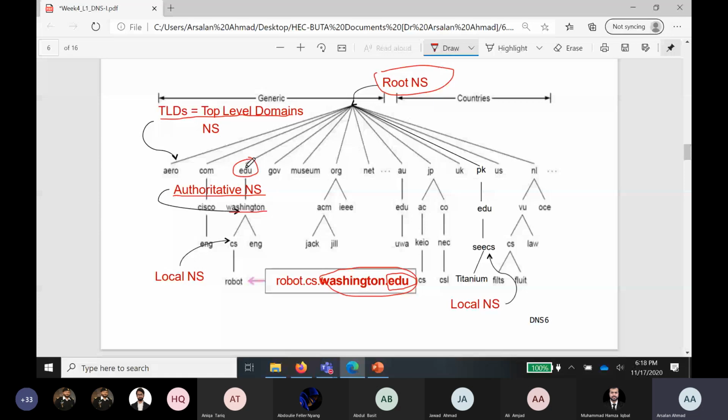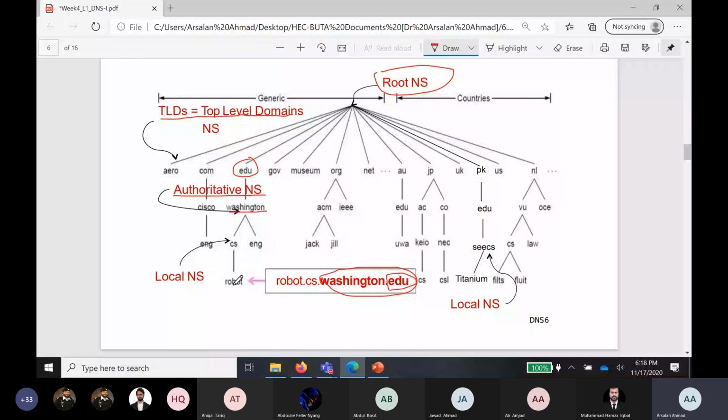So that's the details of the server, and the local name server of SEECS should contact that Washington name server. Then, in the third iteration, the local name server contacts this Washington authoritative name server, because it has the authority of translating all the host names under this particular domain name. That's why it is called the authoritative name server.